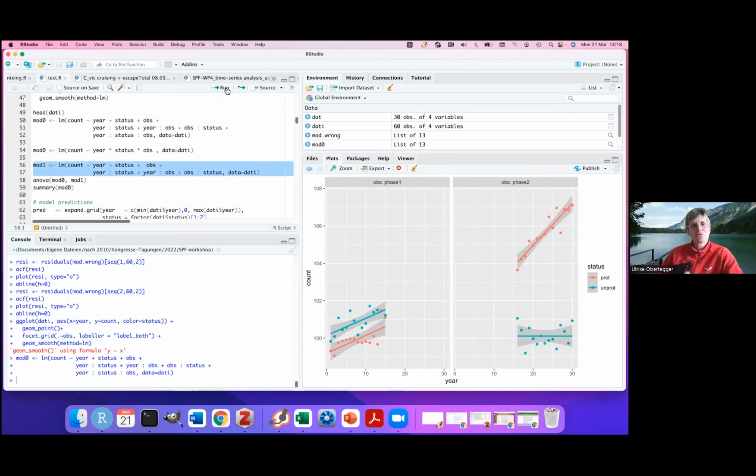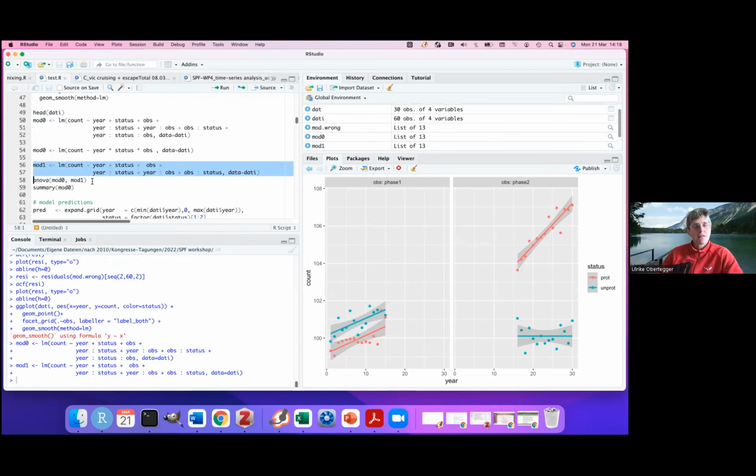mod 0, execute, mod 1, execute, and now it comes to nested modeling. Nested modeling means that we are comparing the more complex to the less complex model. And before I execute it, I will tell you, with the ANOVA command, when you find a statistically significant result, this means that you cannot go with the easier model.